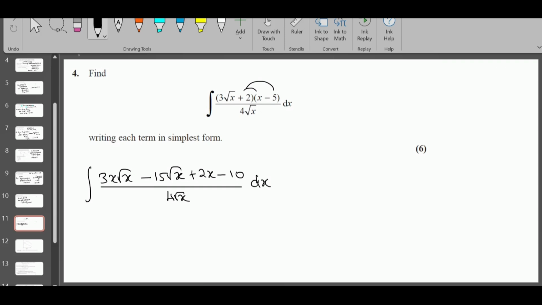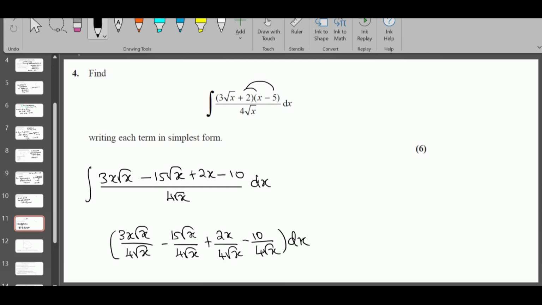Now divide each term separately by 4 root x. So 3x root x divided by 4 root x, minus 15 root x divided by 4 root x, 2x divided by 4 root x, minus 10 divided by 4 root x dx. Here the root x can be cancelled.